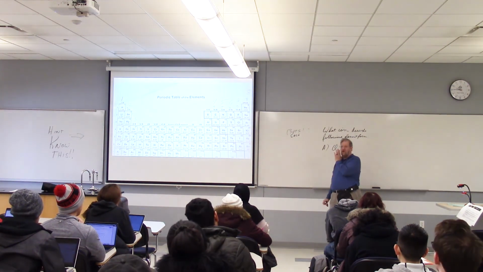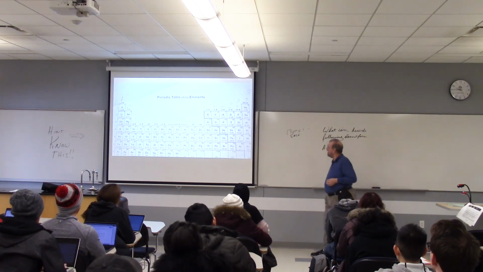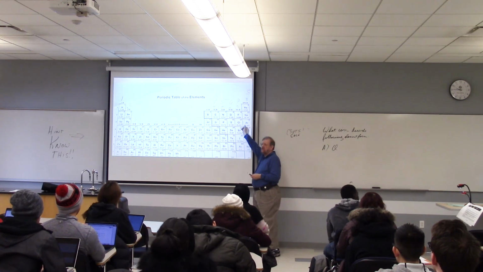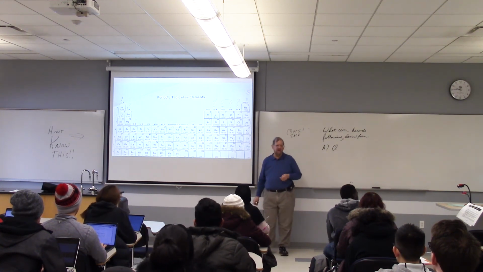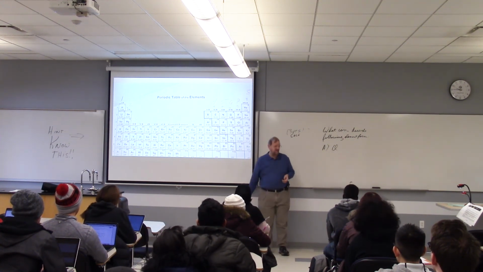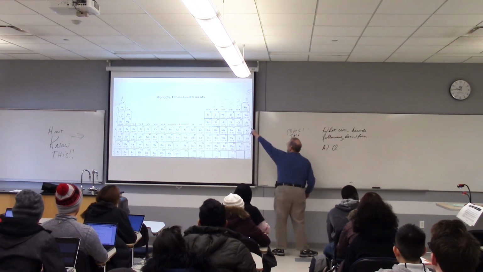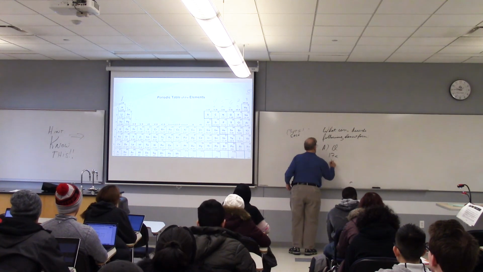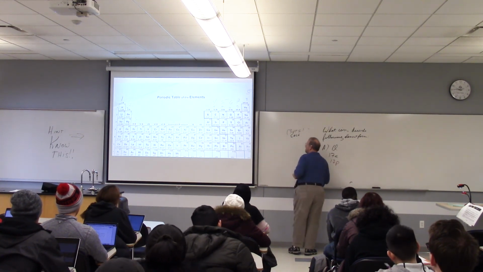Good news, you already know how to do this, sort of. All right, let's look at chlorine. Chlorine, halogen. How many electrons and protons does chlorine have? Look at the atomic number. And if you look here, you'll see 17. So it has 17 electrons, 17 protons.